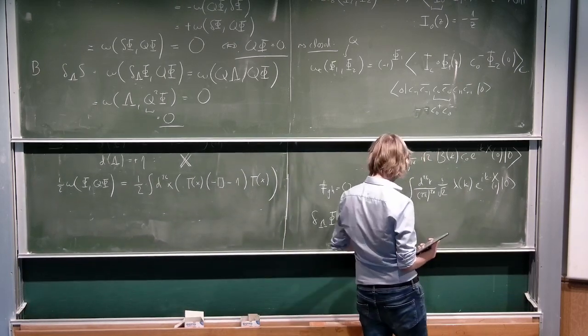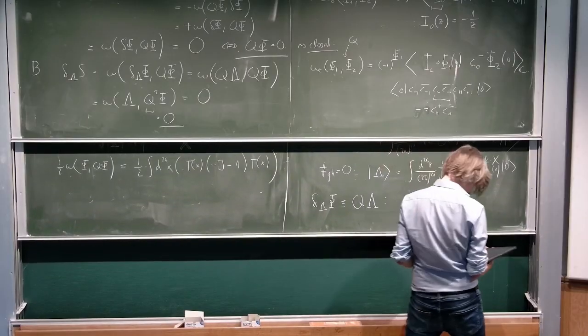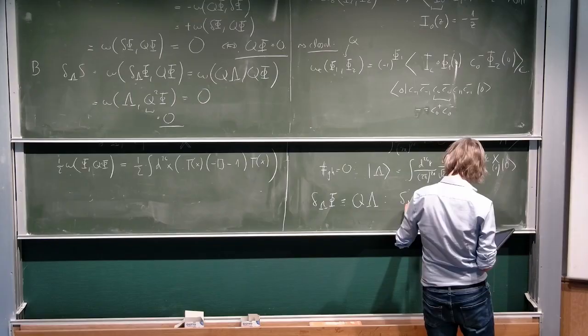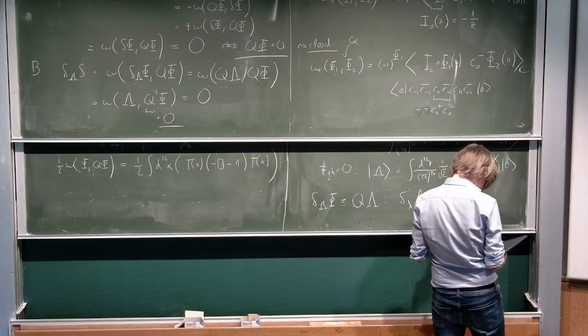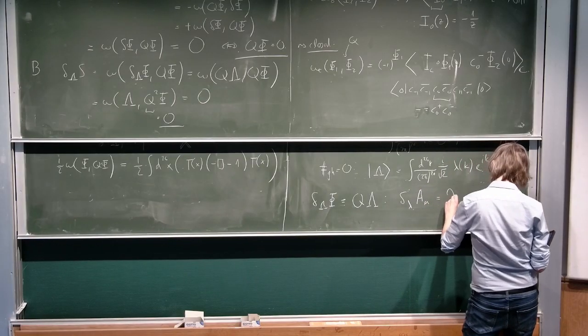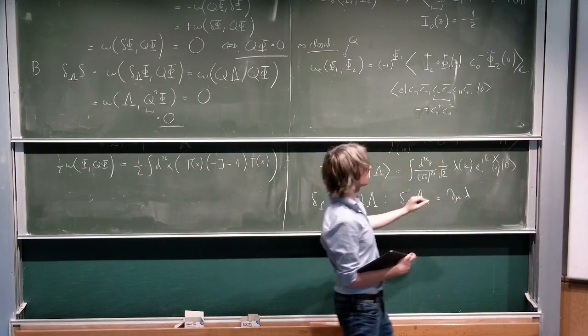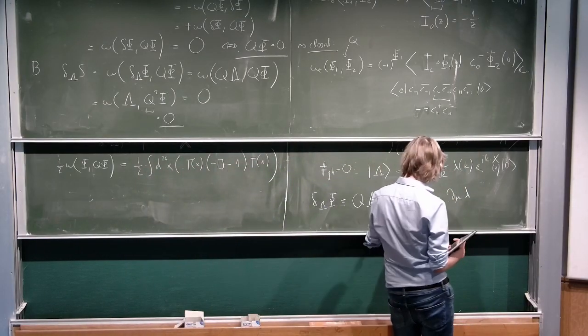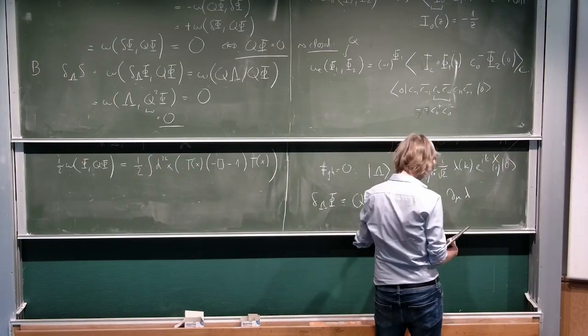And you will find precisely what you would have expected, namely that the variation of this gauge field, provided that there is only one brane, is just del mu of this space-time gauge parameter lambda, right? Exactly as you would have expected in electrodynamics.